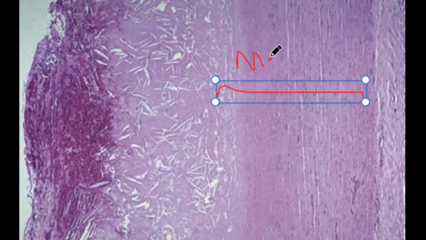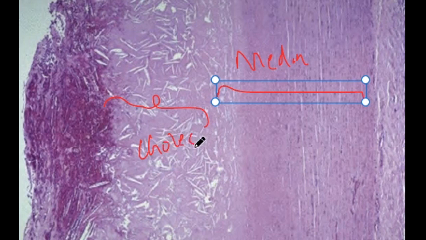This is the picture showing atherosclerosis. This is the cross section of the aorta, where this is the intima, and this is the media, the complete media. In the intima there are foam cells seen with numerous cholesterol clefts.